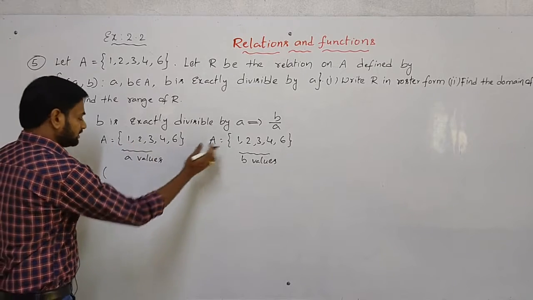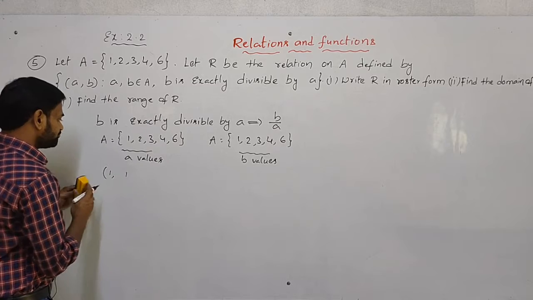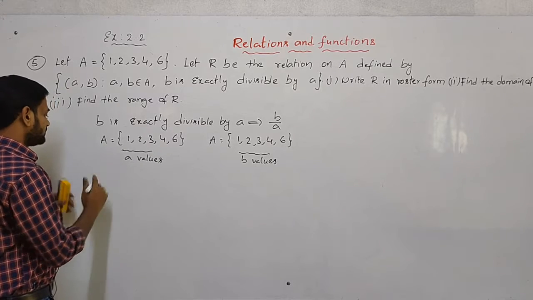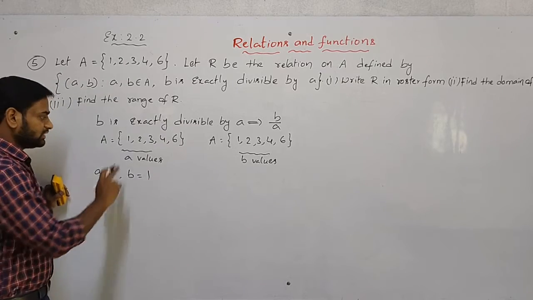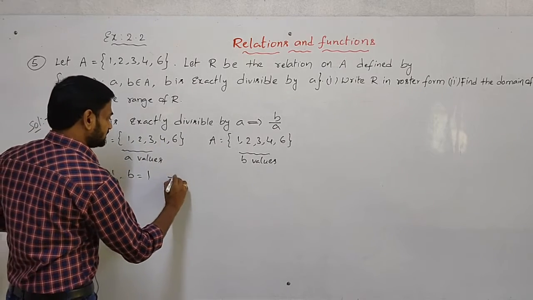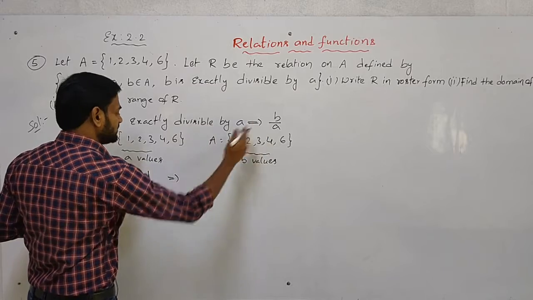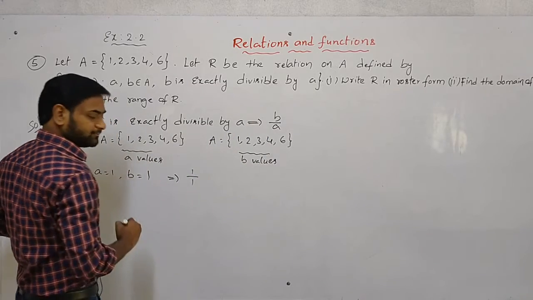So 1 comma 1. That means I am taking here A value is 1, B value is 1. Then what is the condition? B by A, 1 by 1.